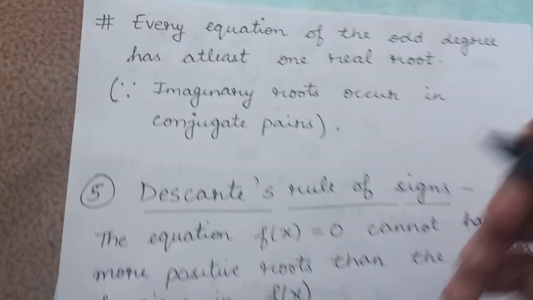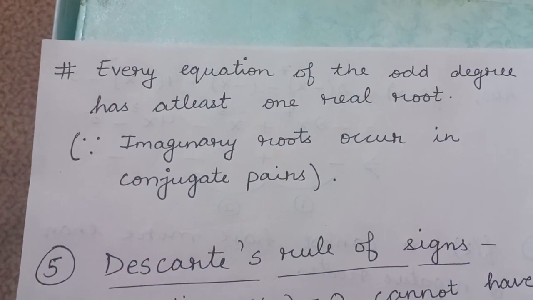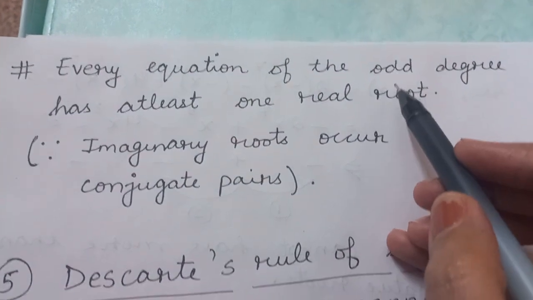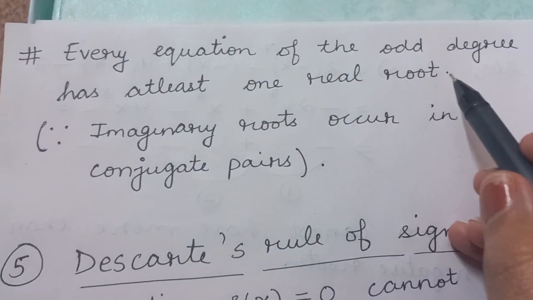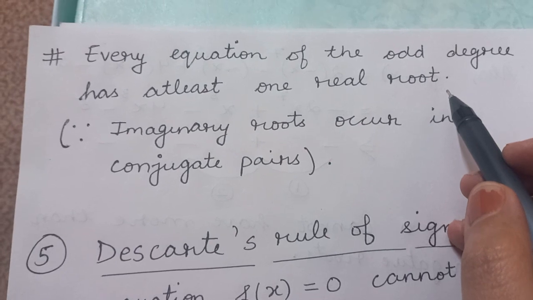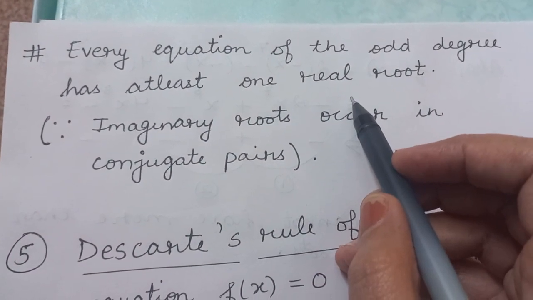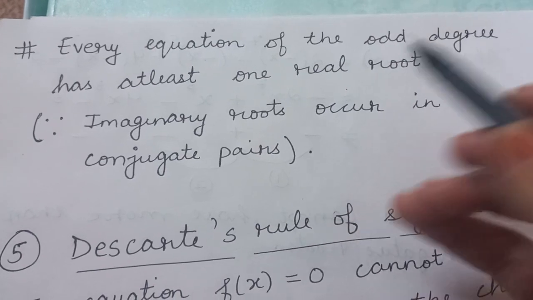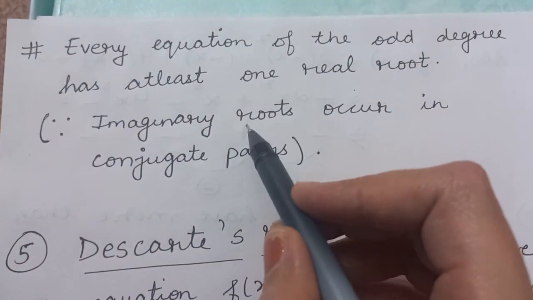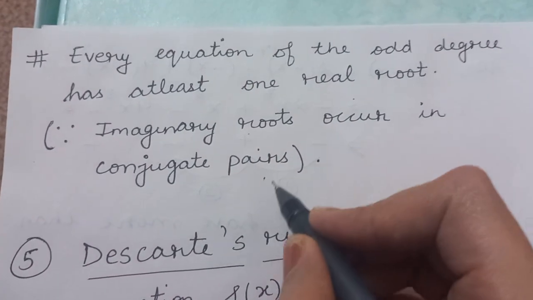Before starting with the next property, a corollary of the same, the fourth one about the imaginary roots: if we talk about an equation of odd degree, like the degree of the equation is 3 or 5 or 7, then it has at least one real root. Obviously, if any equation of odd degree has imaginary roots, they will be in conjugate pairs.